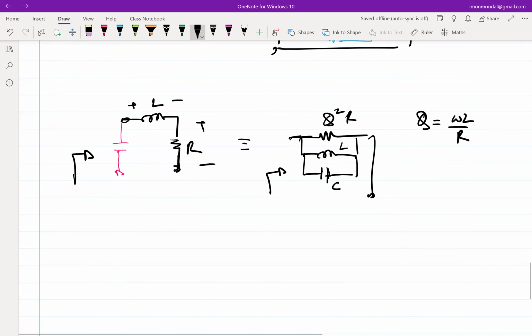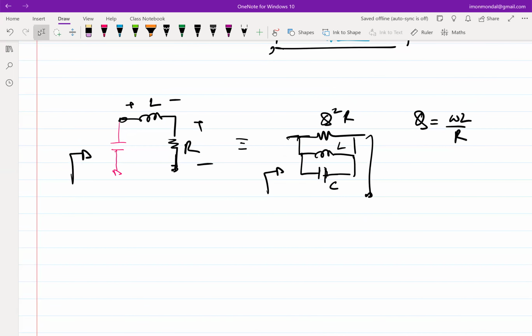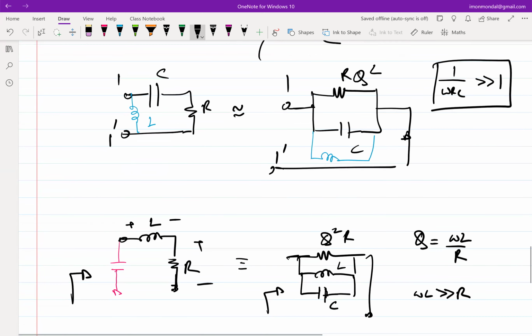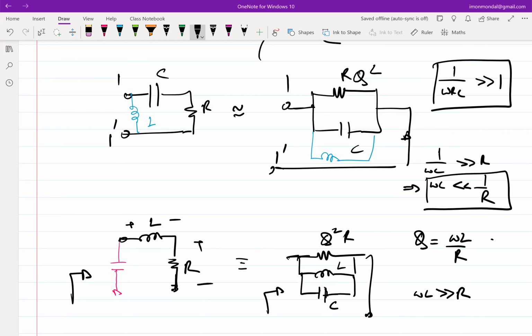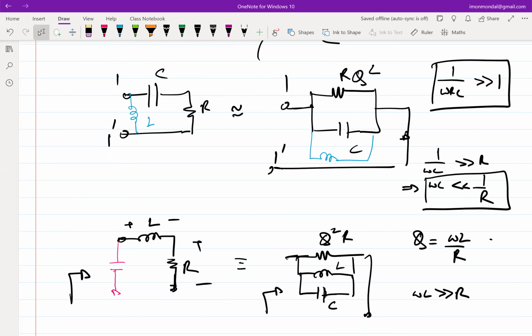By the way, in this case, this circuit works under the condition that omega L is much greater than R. This circuit works under the condition that 1 over omega C is much greater than R, or rather omega C is much less than 1 over R. Right? So the circuit on the top works under the assumption that the frequency is lower than something, and the circuit on the bottom works under the assumption that the frequency range is higher than something.